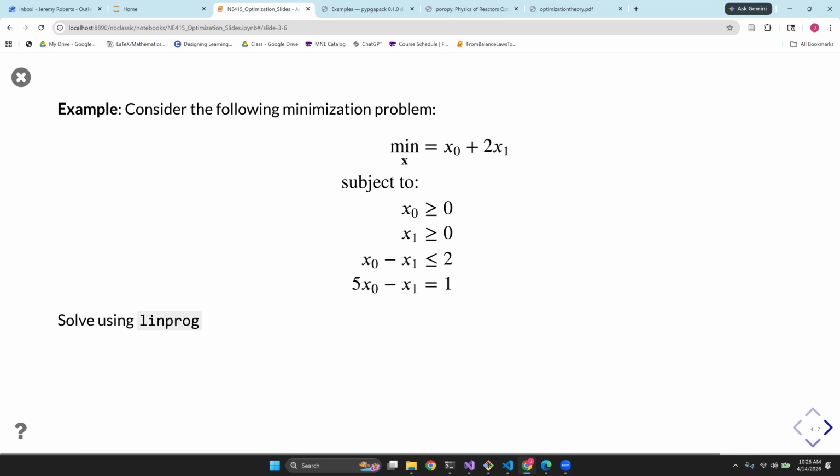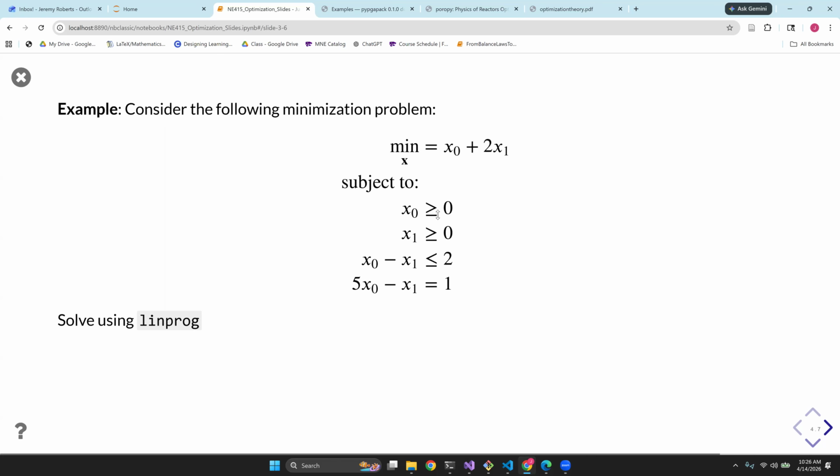Okay. You can definitely define a linear program that cannot be solved, right? If I had two constraints, if I swapped this and said x0 has to be greater than or equal to 0, and x0 has to be less than 0, those two things together cannot be true, right? So you can definitely have inconsistent or incompatible constraints.